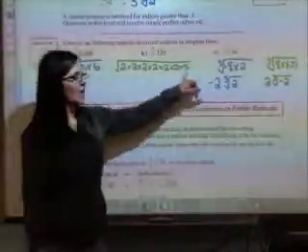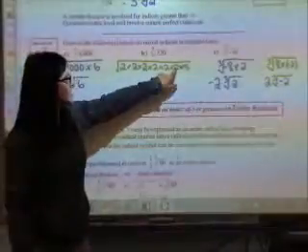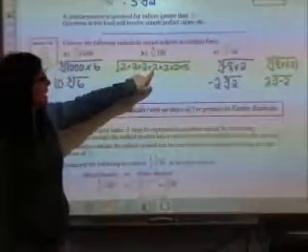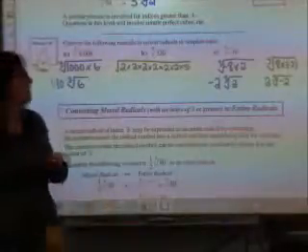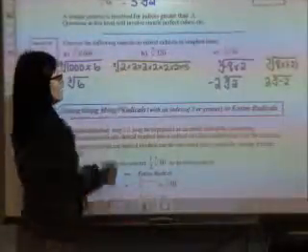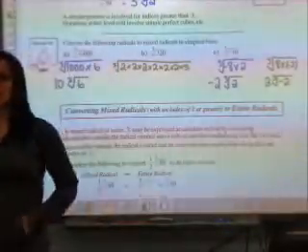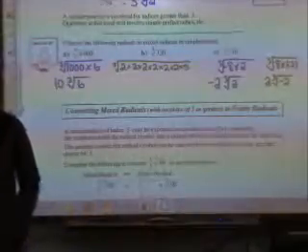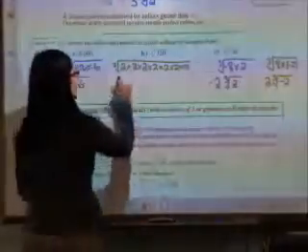This is the prime factorization for 320. 5 times 2 is 10, 20, 40, 80, 160, 320. And this is the 5th root. So if it's the 5th root, I need a number that I can multiply by itself 5 times.